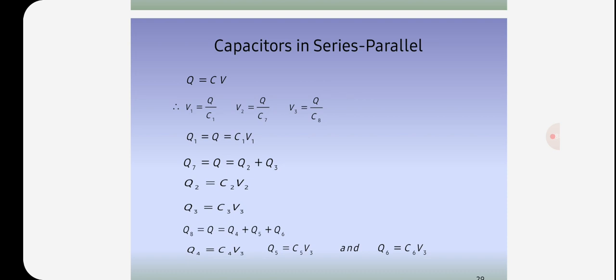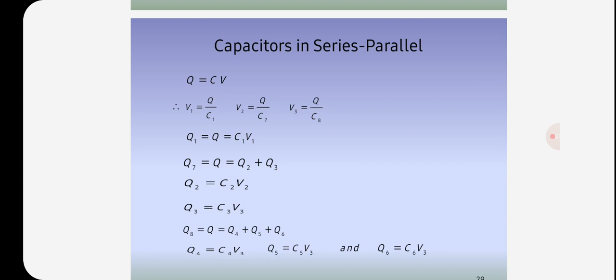Q1 is equal to Q is equal to C1 V1. Q7 is equal to Q is equal to Q2 plus Q3, where Q2 is equal to C2 V2 and Q3 is equal to C3 V3.